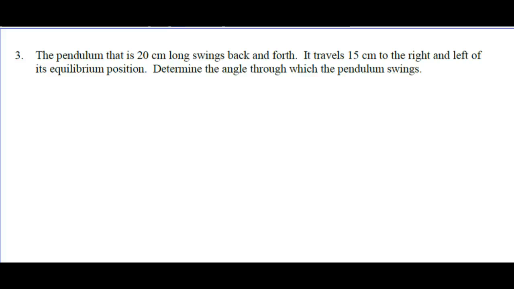A pendulum that is 20 centimeters long swings back and forth. It travels 15 centimeters to the right and to the left. Okay, so here's a pendulum which is 20 centimeters long, and it travels 15 centimeters to the right and left of its equilibrium position.